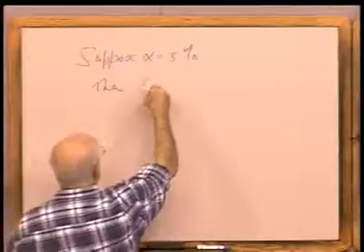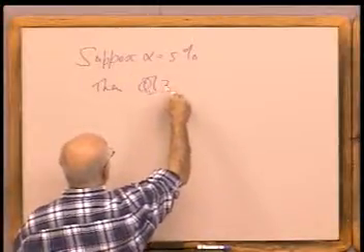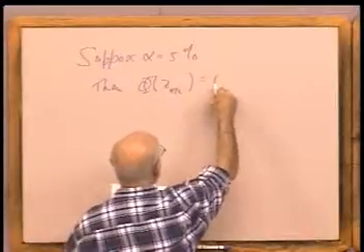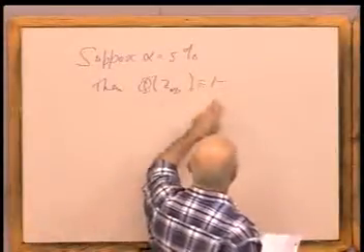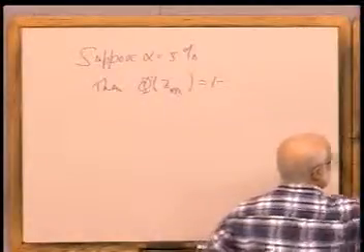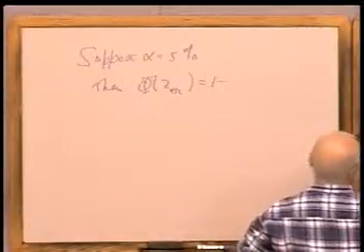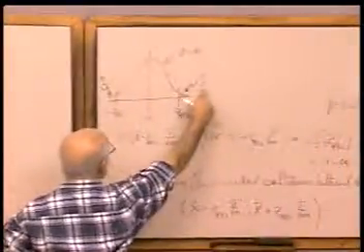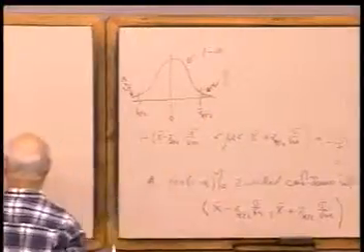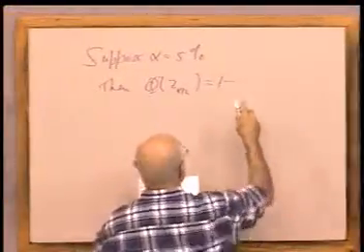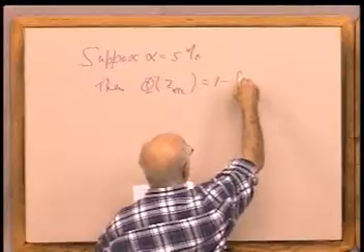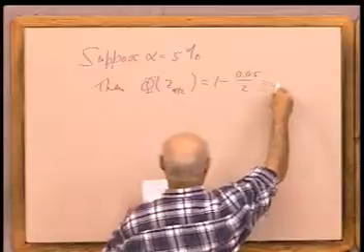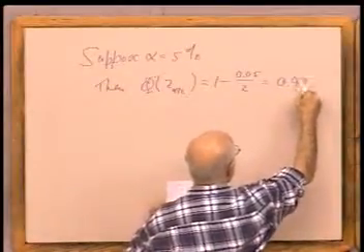I could say then capital phi of z sub alpha over 2 is equal to 1 minus, okay, now remember that that's going to be equal to the area to the left of this point z sub alpha over 2. And if alpha is 5%, alpha over 2 will be 2.5%, so the area to the left of that will be 97.5%. So this is equal to 1 minus 0.05 over 2, which is 0.9750.